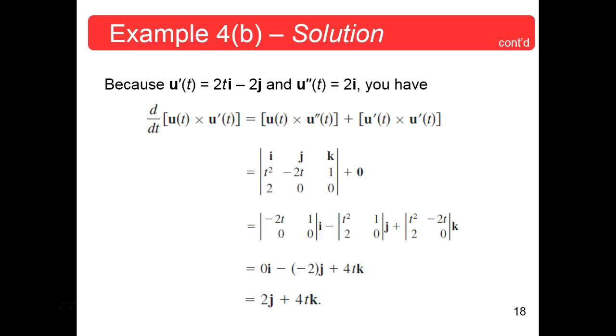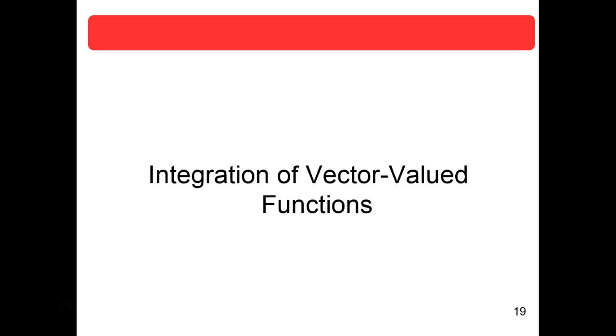And then the other one came out to be a very easy one to calculate because the u double prime was just 2I. So rather than going through this mess, just use this one comes across here. The determinant there. Keep calling it a cross. You're doing a cross, but it's not a cross product. Okay, 2j plus 4tk.